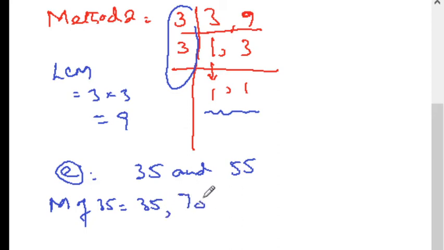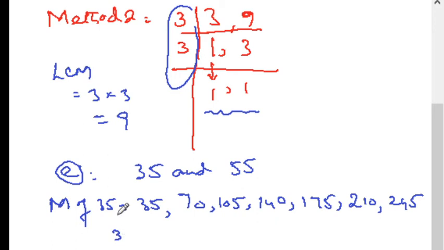35 threes are 105. 35 fours are 140. 35 fives are 175. 35 into 6 is what? 210. 35 into 7 is 245. 35 into 8 is what? 280.